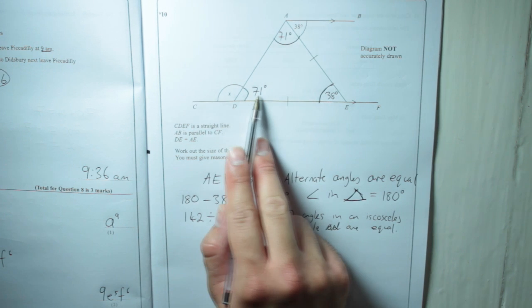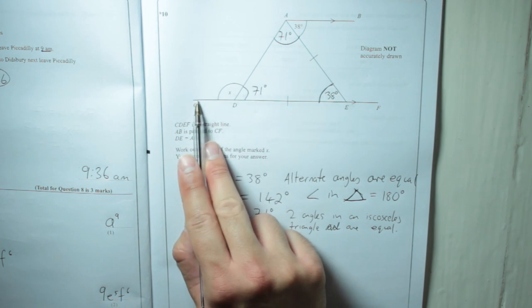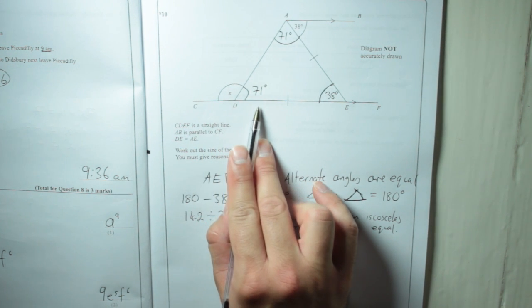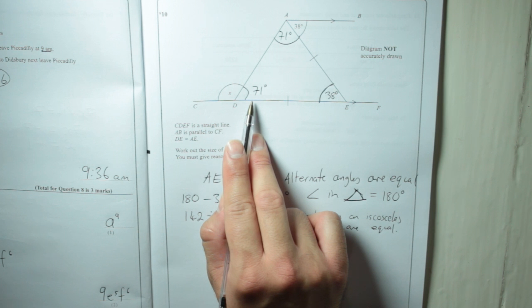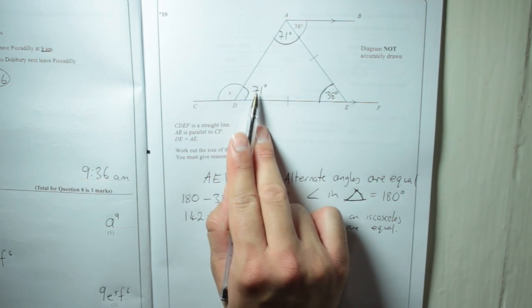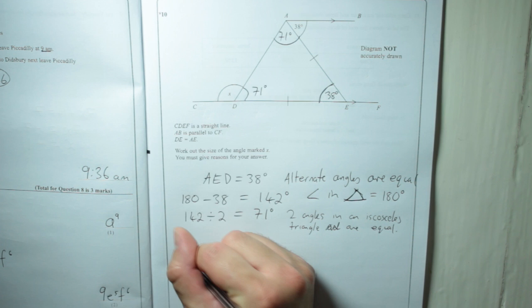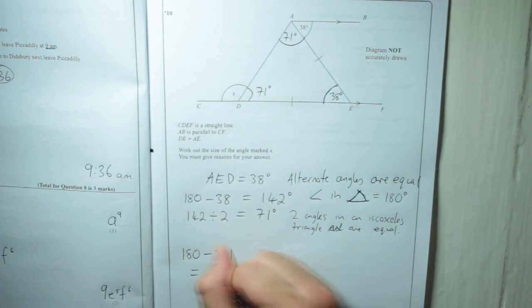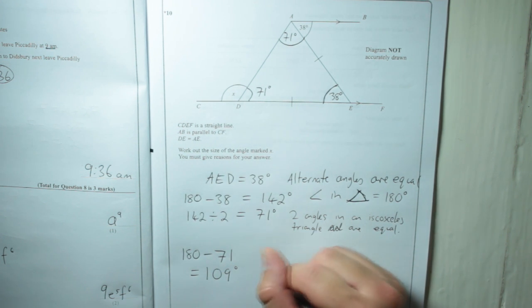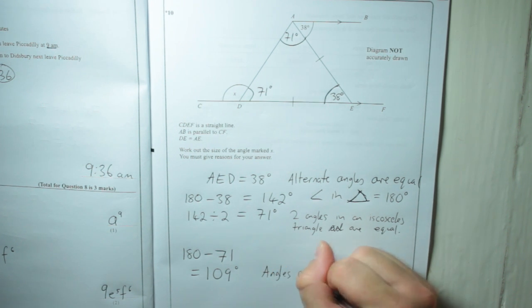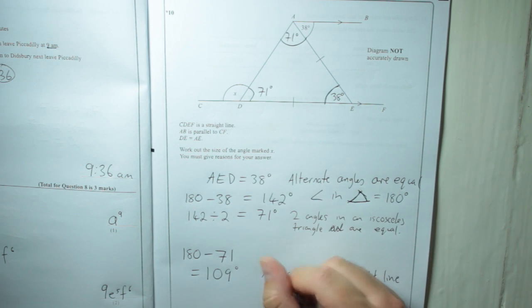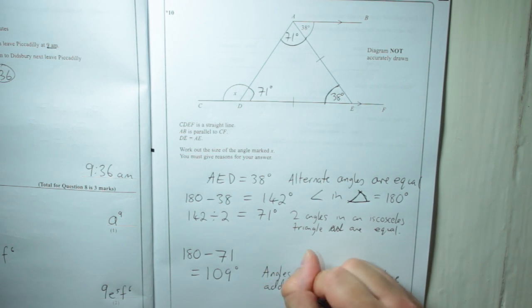Okay, so we know that that's 71, so now we can work out this one because they are on a straight line. So angles on a straight line are equal to 180 degrees. So I'm going to take 71 away from 180 and that will give me this one. So 180 take away 71 gives us 109 degrees, and our reason for that working is angles on a straight line add to 180 degrees.